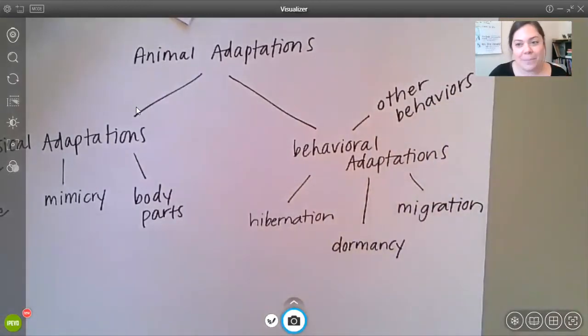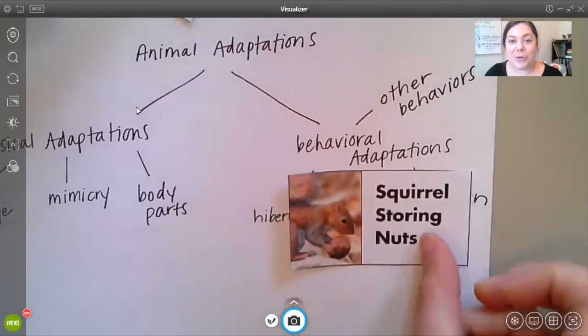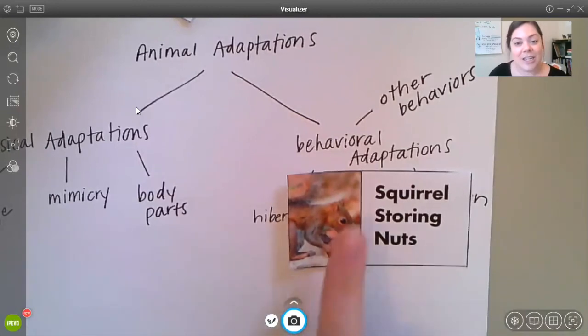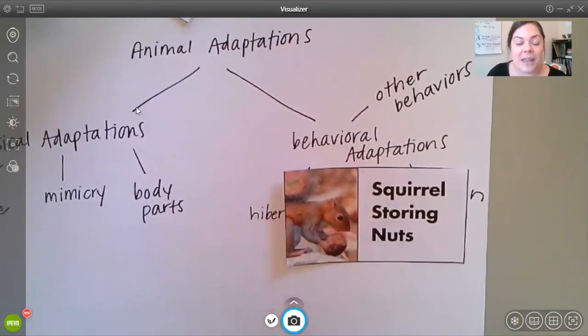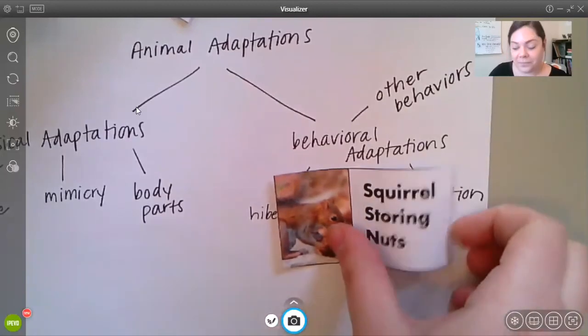And some other examples of those behaviors could be like our squirrels storing nuts. So this is an action that they take. They actively pick up nuts and acorns and find a place to store them and keep them safe so that they can have food during the colder months. So that is an action or a behavior that's allowing them to survive. This is an adaptation that they have acquired or used in order to survive.